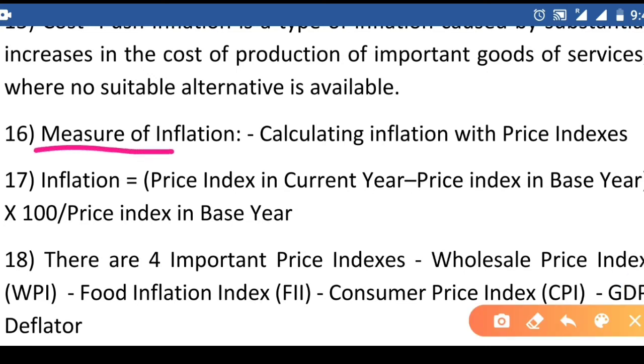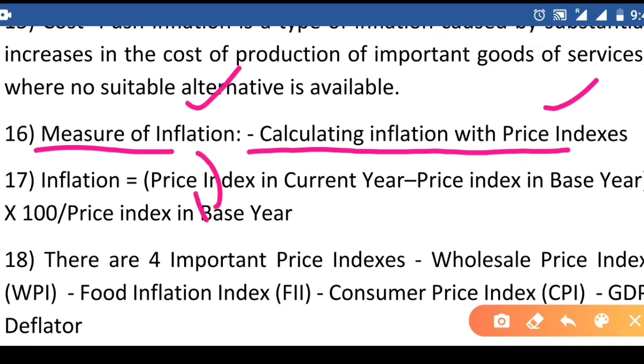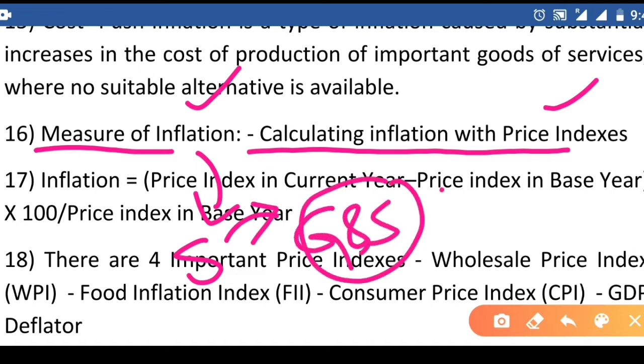Measure of inflation: calculating inflation with price indices. Here, using the price indices, we can calculate the inflation. Inflation is a situation where the prices of goods and services increase over time.